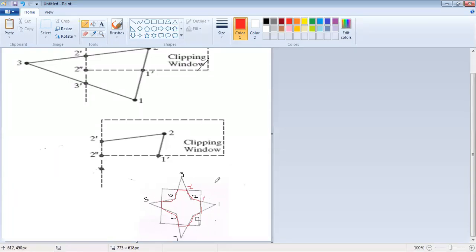Kindly take down this and do it as an assignment. They will almost surely ask you this problem. After that I will be sharing those slides. The slides themselves are the notes, so you can refer to that slide and solve this.